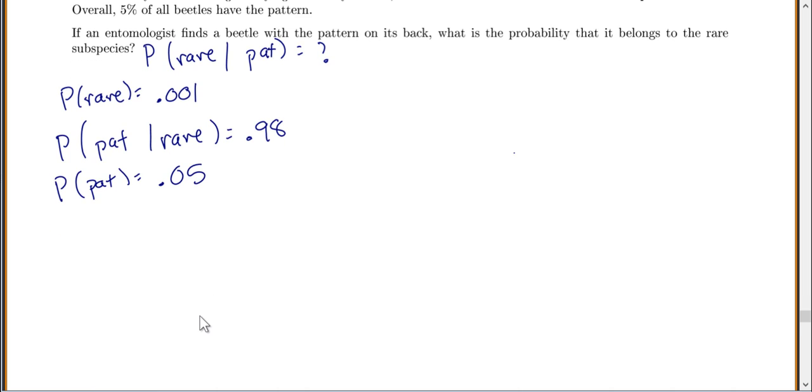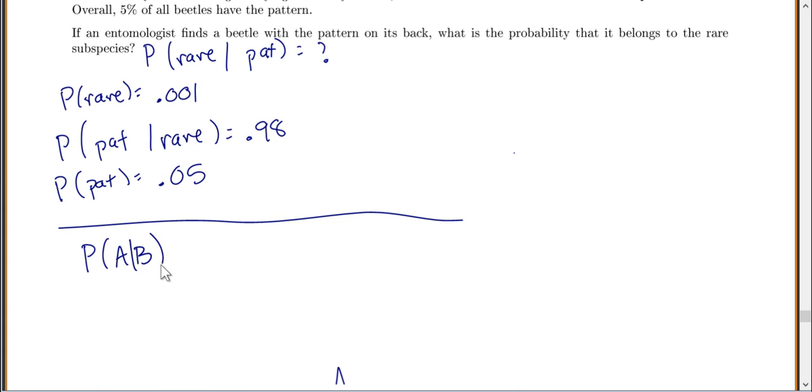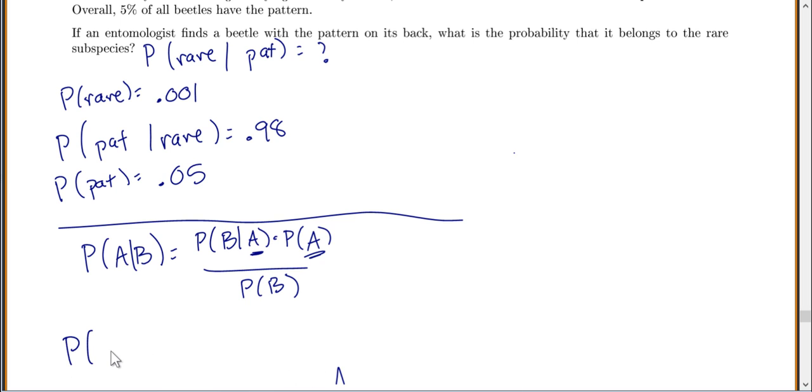Okay, now that I have all that, let's go back to what we were trying to find. Now remember, Bayes' theorem says probability of A given B is you'll switch and do the other conditional probability, times the probability of whatever is here (these two will always match), and divide by your other single probability. So let's try that here. We want the probability of rare given pattern.